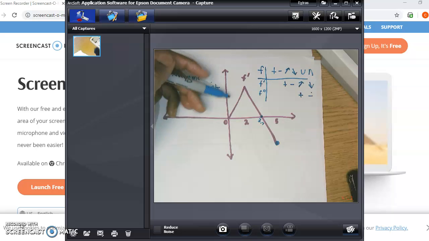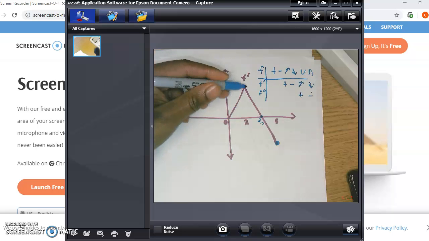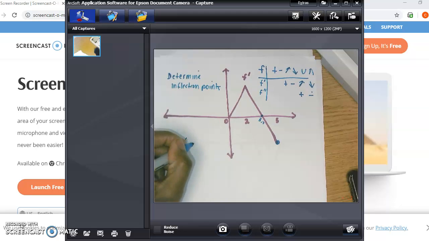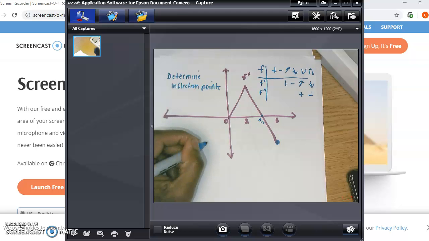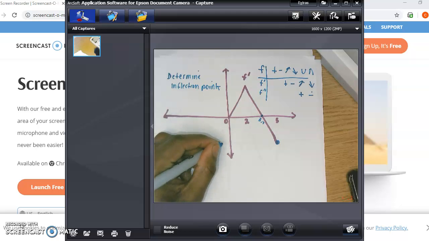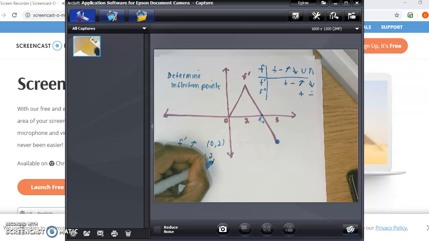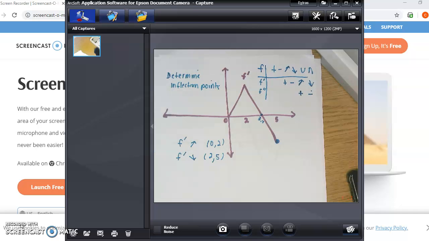So let's look here. You can see that from 0 to 2, f prime is increasing. And then f prime is decreasing from 2 to 5.